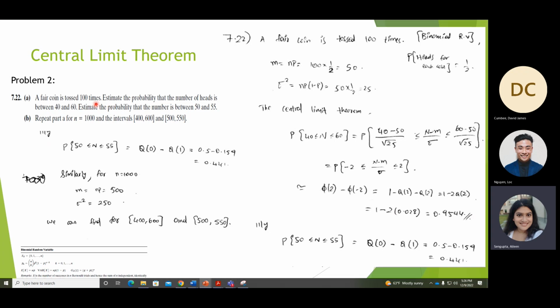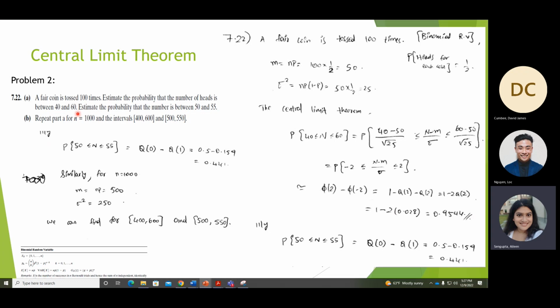Now forget about the fact that this is a central limit theorem problem, okay? A fair coin is getting tossed 100 times, right? So we know that this is a Bernoulli trial, so we are going to put this in a binomial distribution. Now estimate the probability that the number of heads is between 40 and 60. You have done this type of problem already in Gaussian, right?